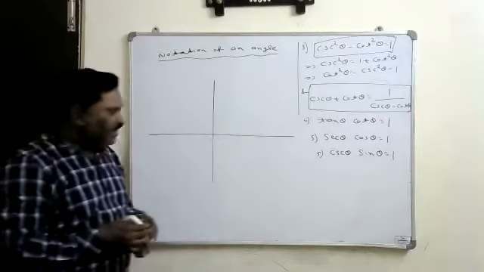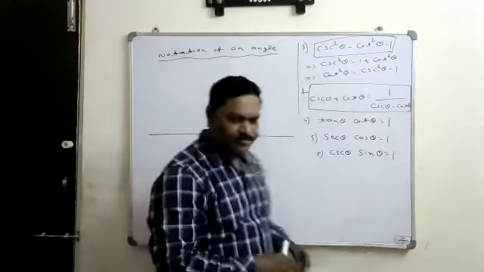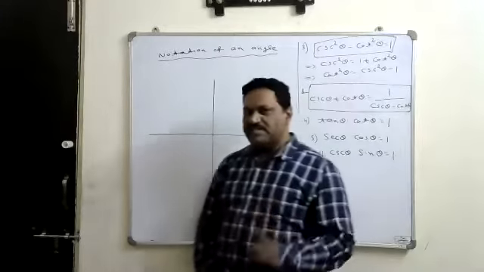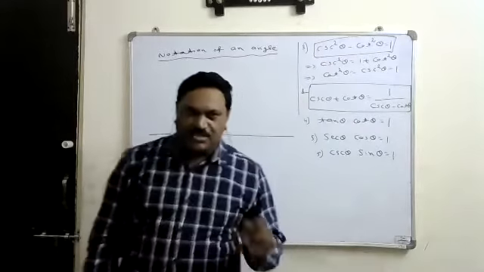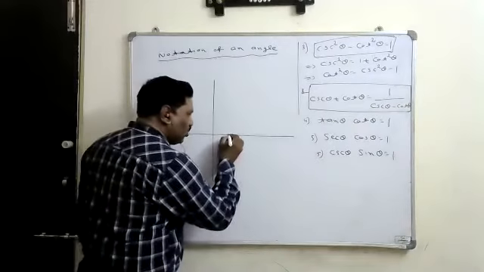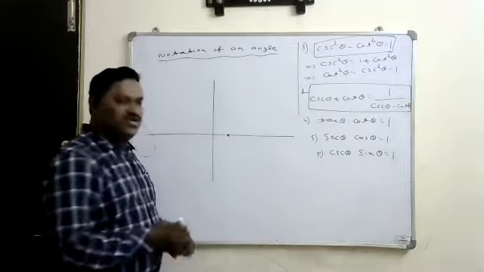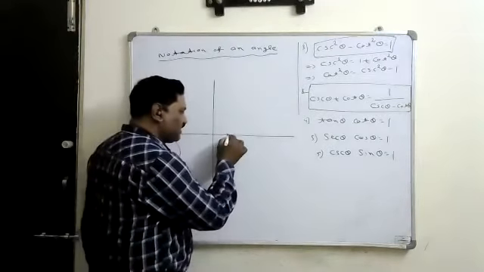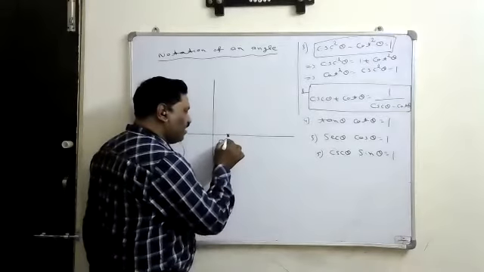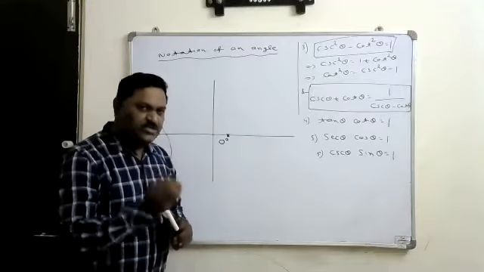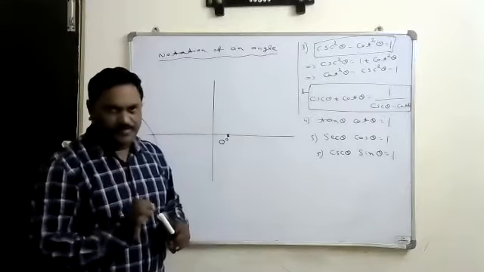For measuring angles on this coordinate system, we start to measure the angle from the positive x-axis. This is the starting point. From this point only we will measure the angle. On the positive x-axis, the angle is 0 degrees.